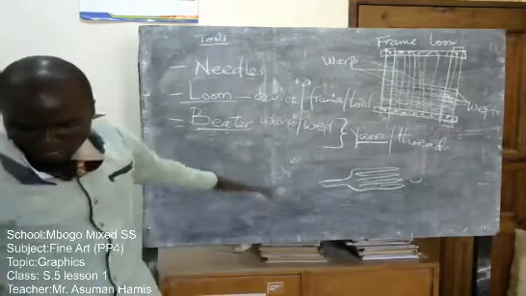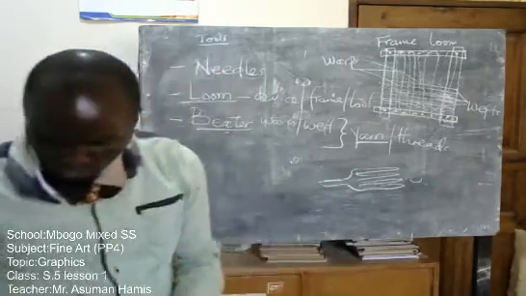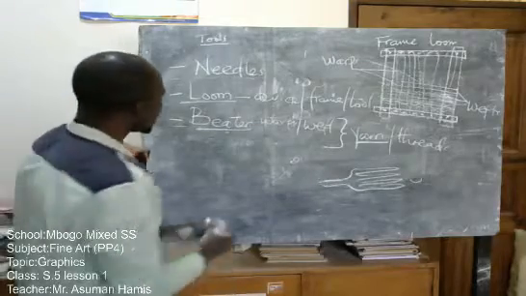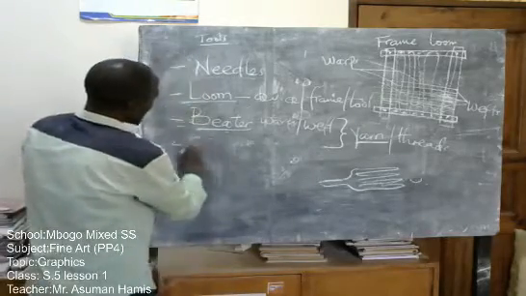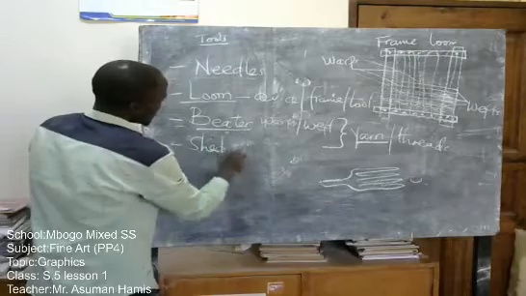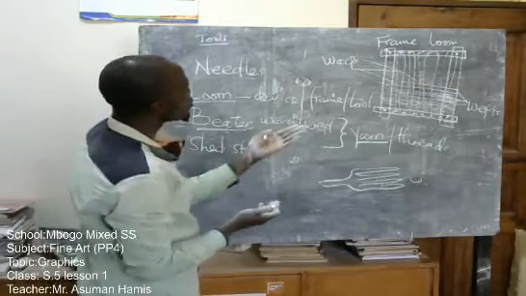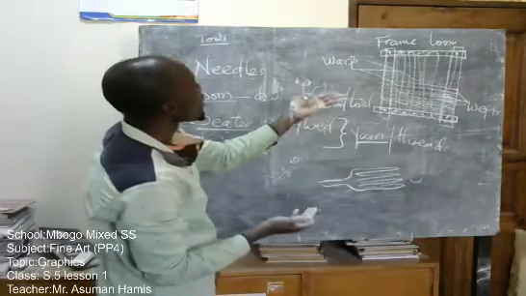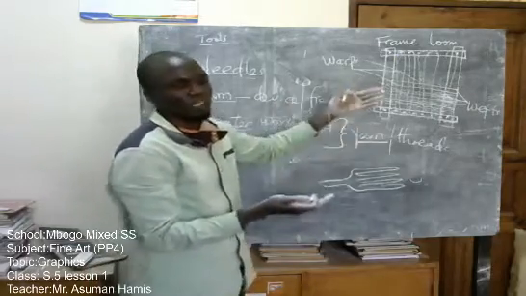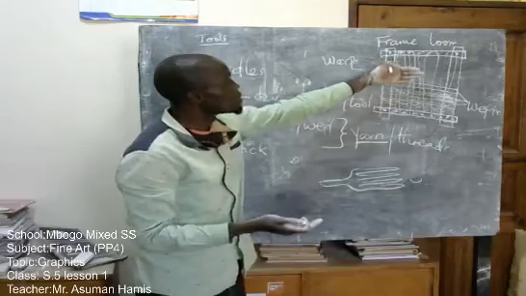Then we also have what we call a shed stick. A shed stick is a simple tool that is used for lowering and raising the warps, such that you can create space between the warps.